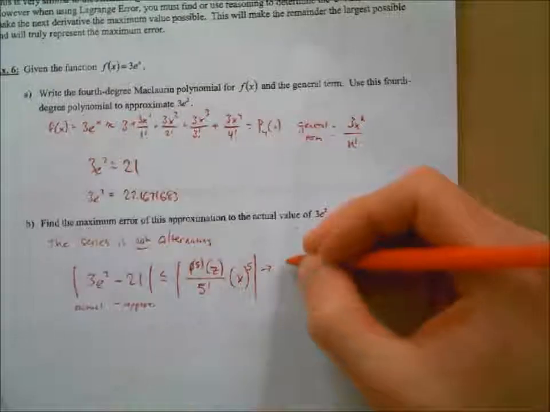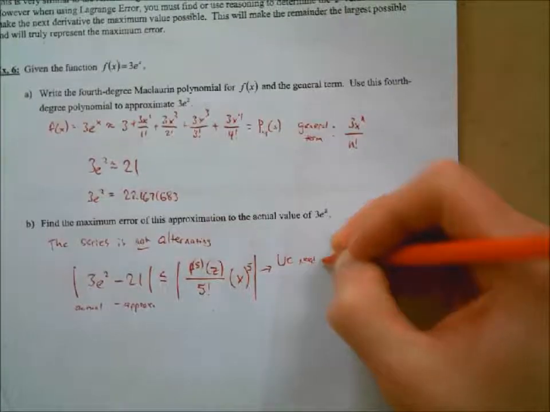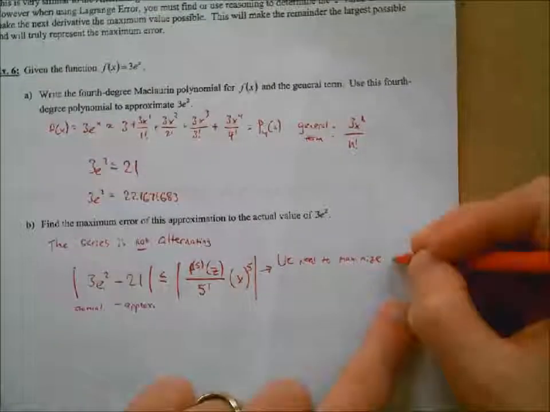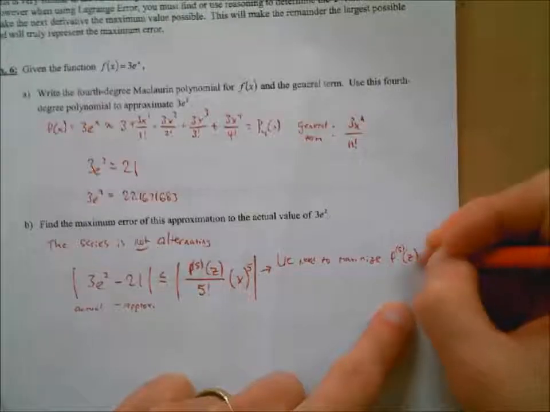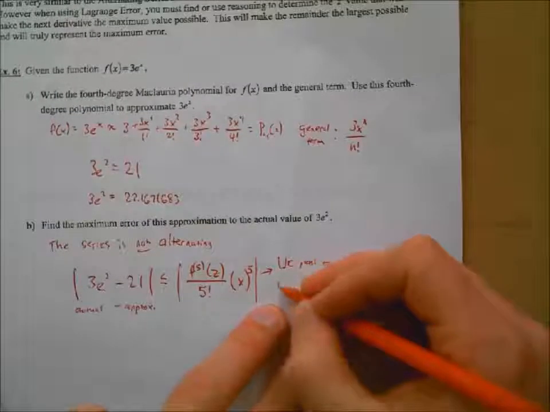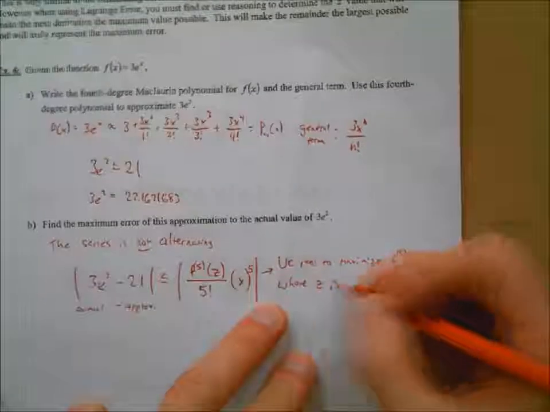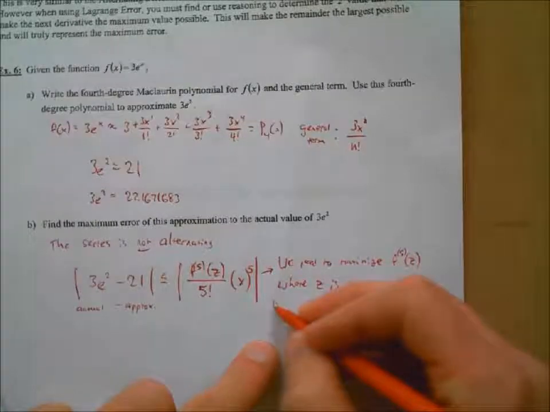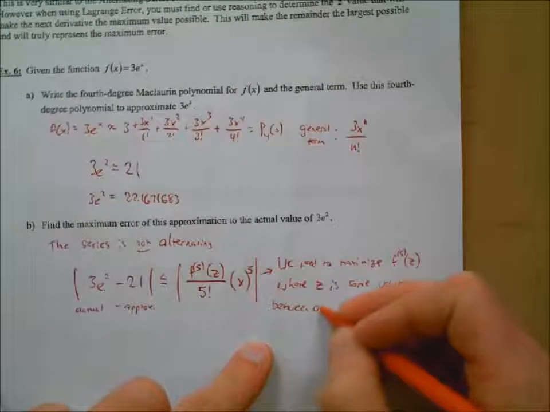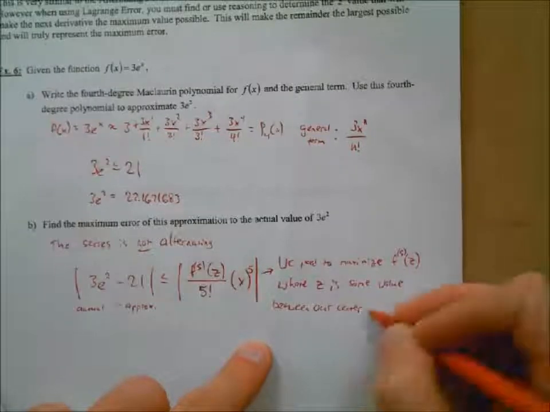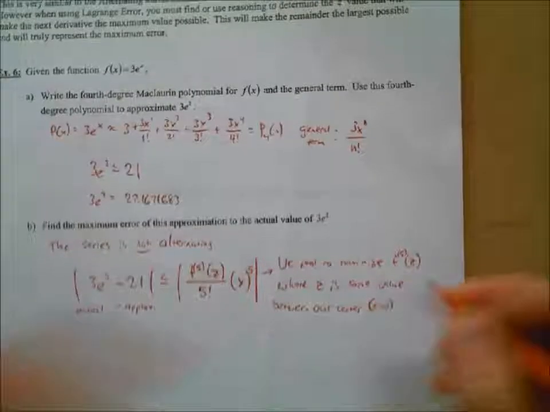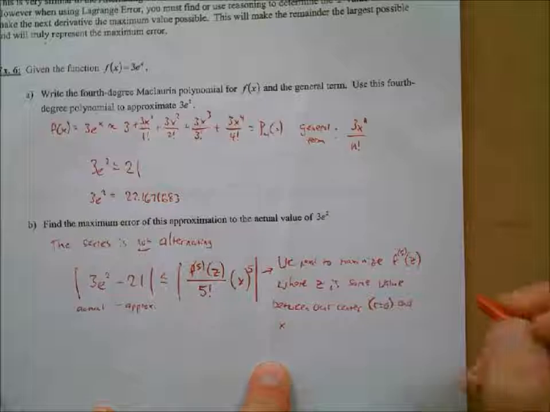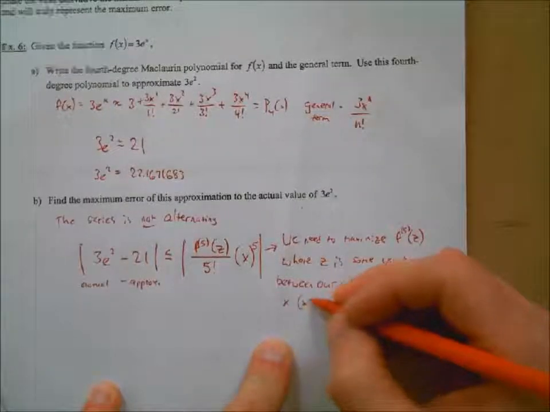So let's make a little side note here. We need to maximize the fifth derivative of f at z, where z is some value between our center, and we said earlier center was c equals 0, and x, which, again, x is equal to 2 in this particular case.